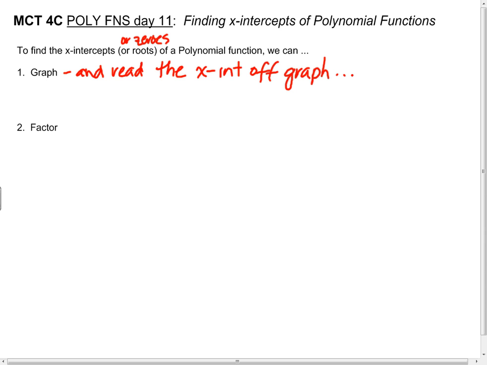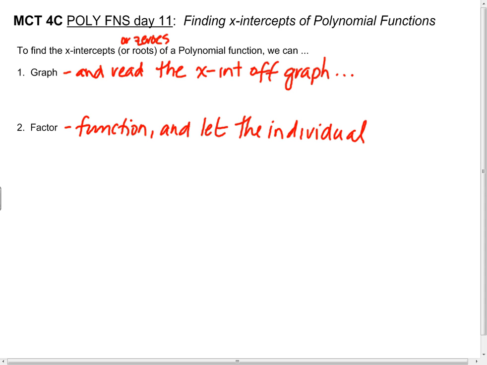Algebraically, which can often be more accurate, we can factor the function and let the individual factors equal 0.